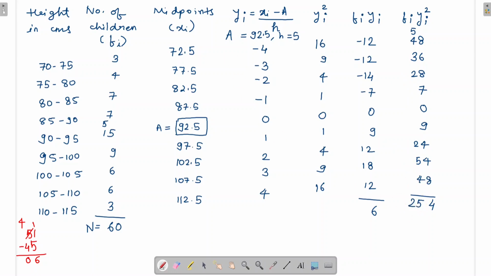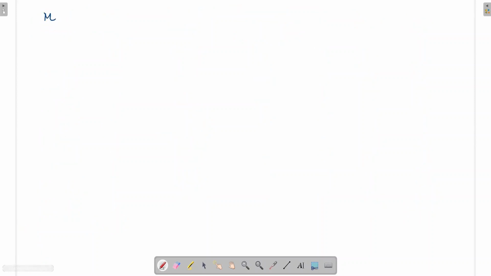So now we can find the mean, variance and standard deviation. So the mean, that is x bar, is equal to the assumed mean plus summation i going from 1 to 9, because there are 9 values, fi yi divided by capital N, into h.